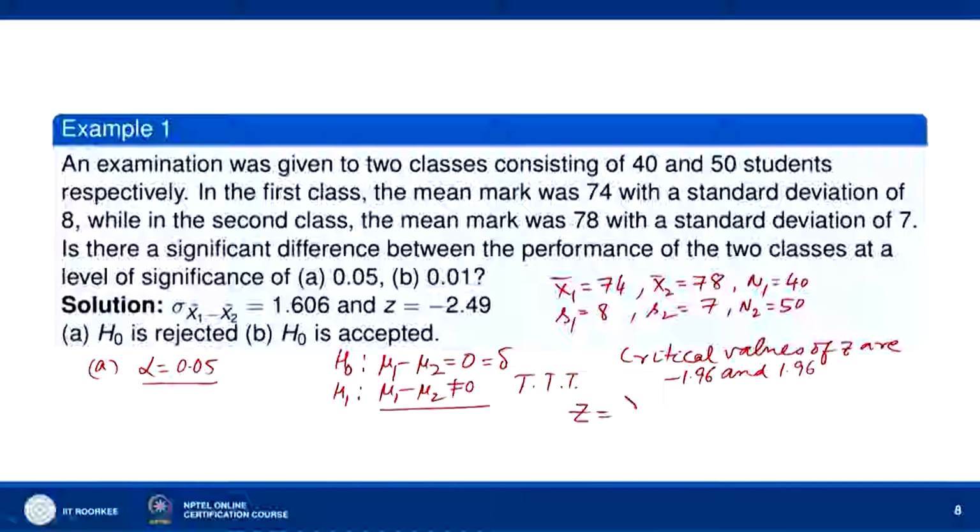Z is equal to x1 bar minus x2 bar minus delta, divided by the square root of S1 square by N1 plus S2 square by N2.